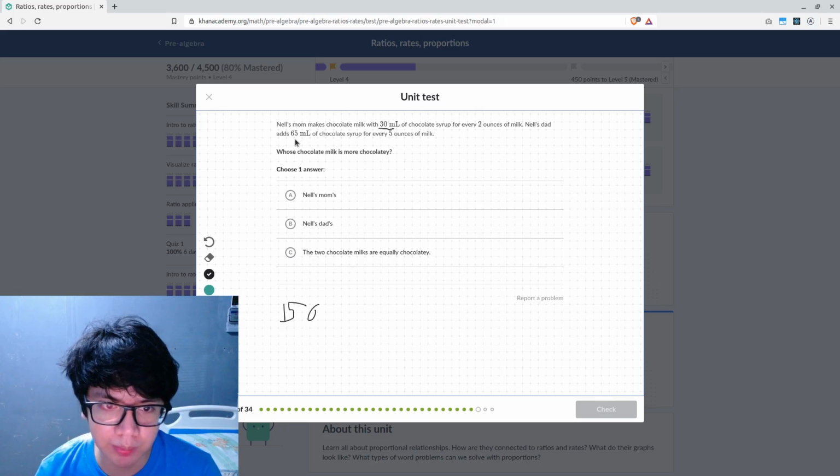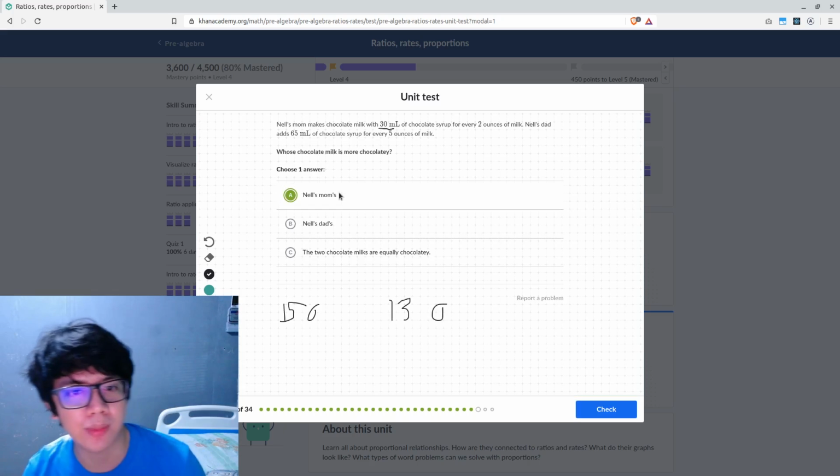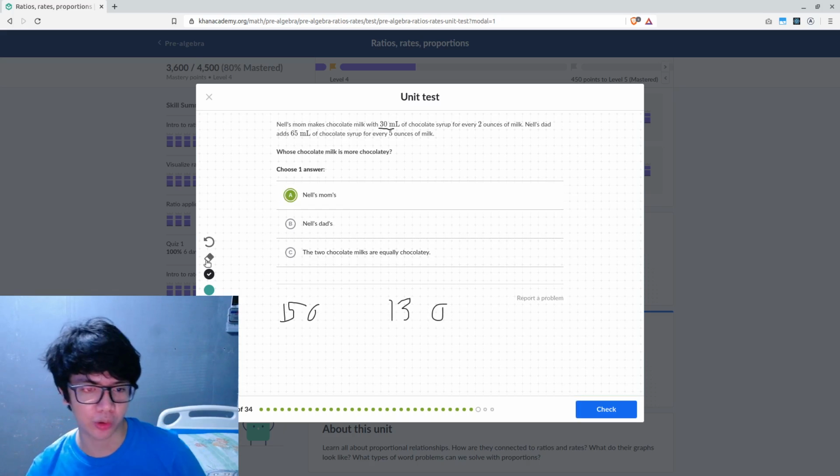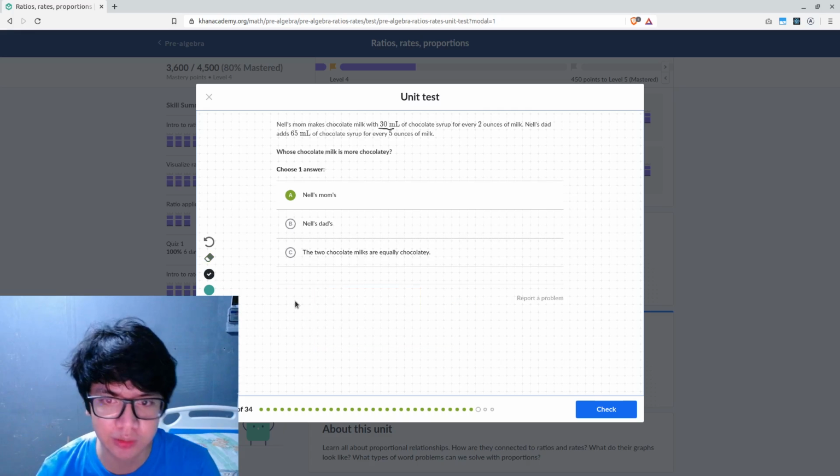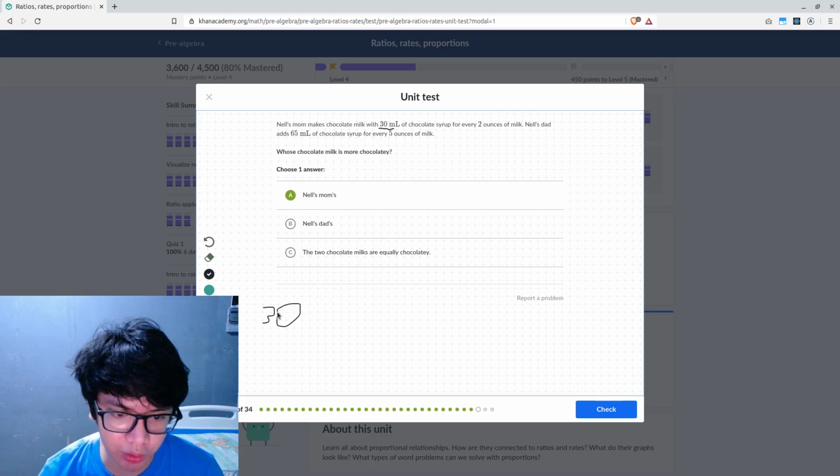If we multiply this by 2, we have 130. So Neil's mom's chocolate is much more chocolatey. Let's see, it's 32, right? And then we have 65, 5.